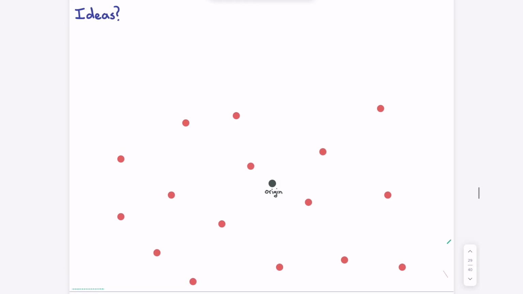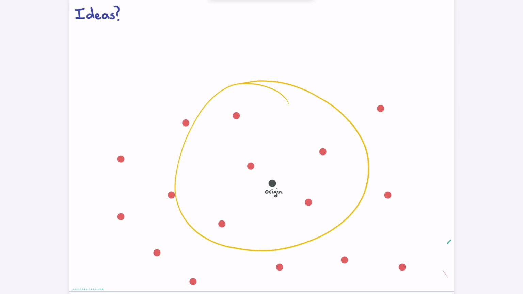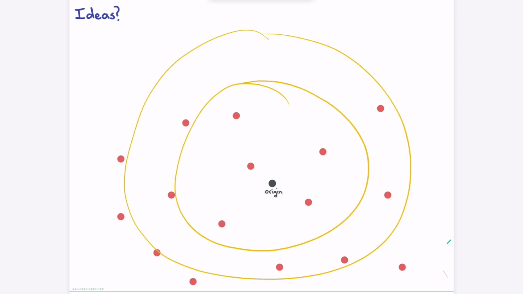Any ideas? Balls and shells. Yeah, that's definitely a possibility.